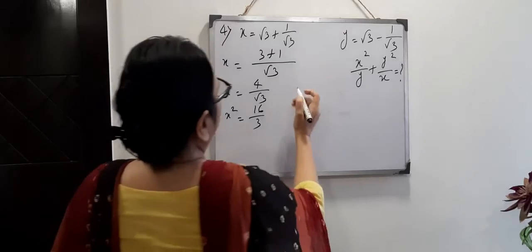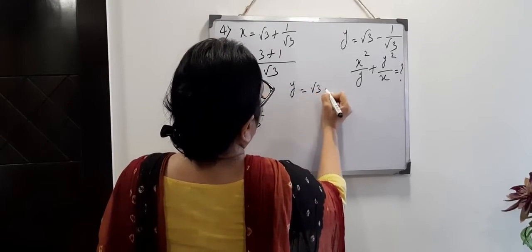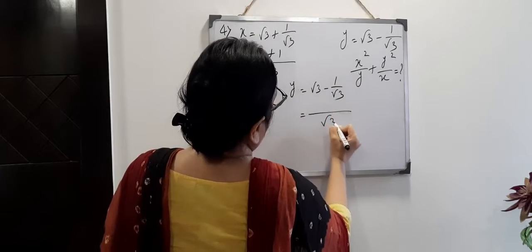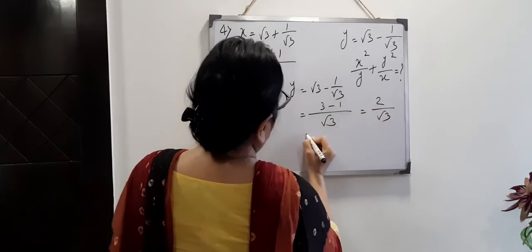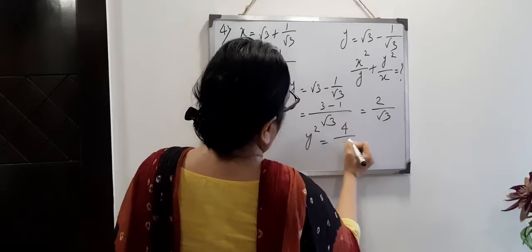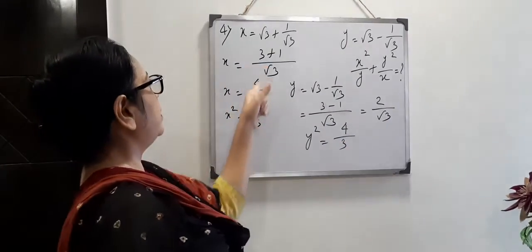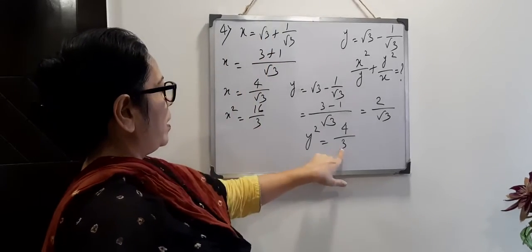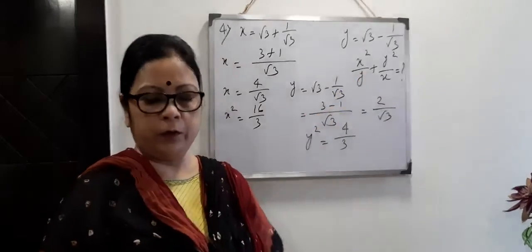Then similarly y, again by LCM, 3 minus 1, 2 by root 3. My y square is becoming 4 by 3. Now you see, after doing LCM and squaring, it is becoming a rational number. It is easier for you to put the values here.